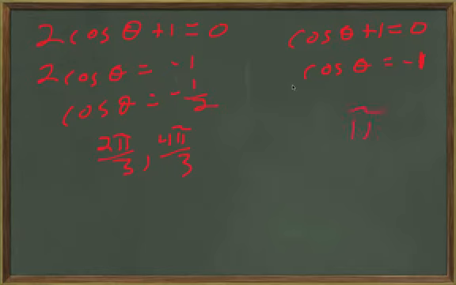Okay, so here we have our interval, and actually we need to put this in order, so it needs to be 2 pi over 3, 4 pi over 3, and actually in the middle here is going to be pi. Okay, so there, once again, we're solving. Okay, now you can take this a little bit farther.